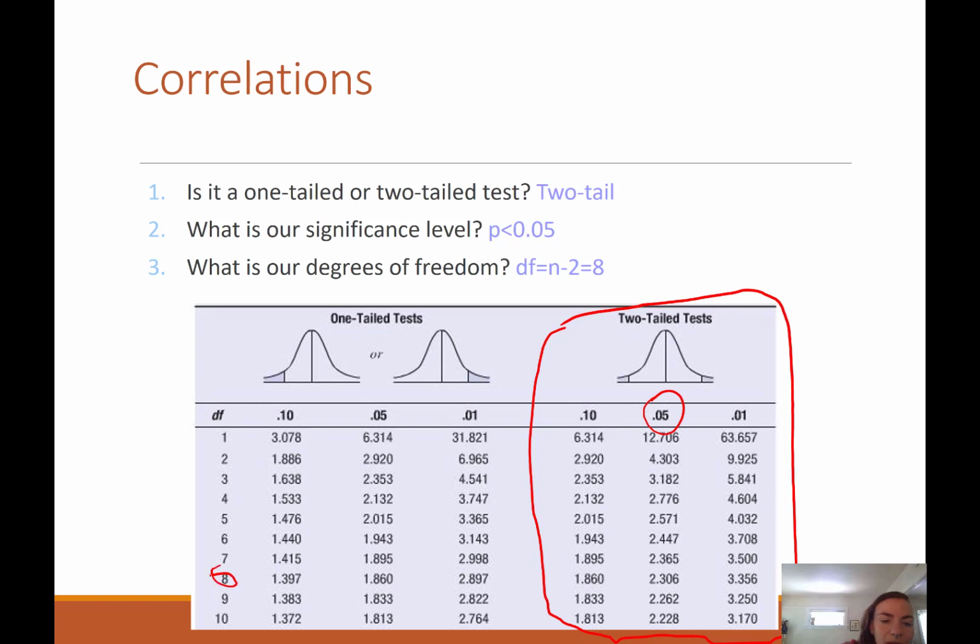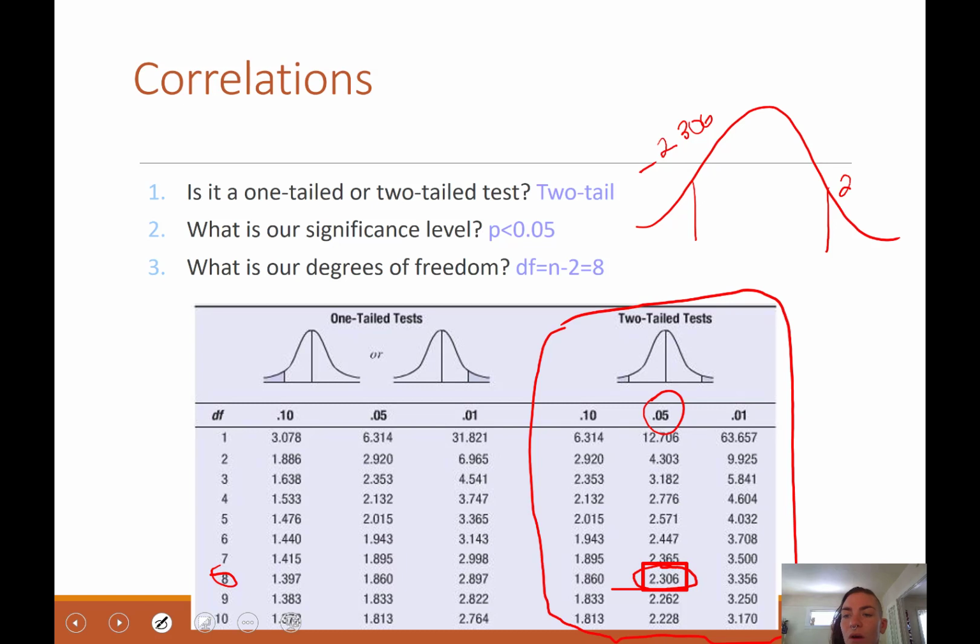So if I come over here, play my little battleship game, I get a critical cutoff score of 2.306. So that means anything that is beyond negative 2.306 or above positive 2.306, then I would reject my null hypothesis.